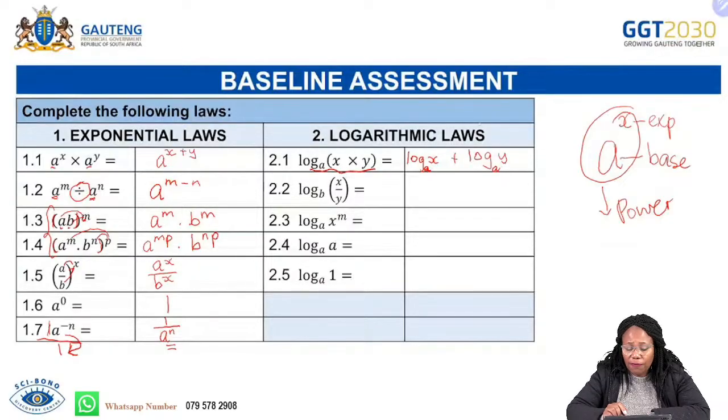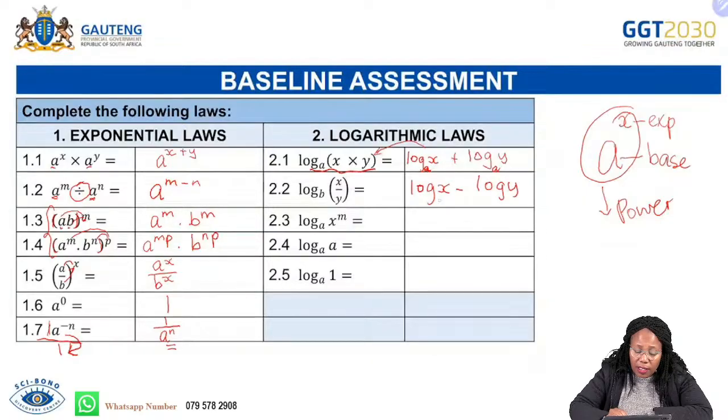Vice versa, if you are given log x plus log y, you can write it as log x times y base a, okay? And then with the second one, if you are dividing there, that means initially it was the log of x minus the log of y. And then this is sharing base b, both from log of base b. Same grade 12, if it is written like that, you can even reverse it to its original.